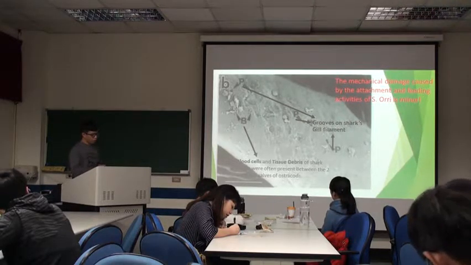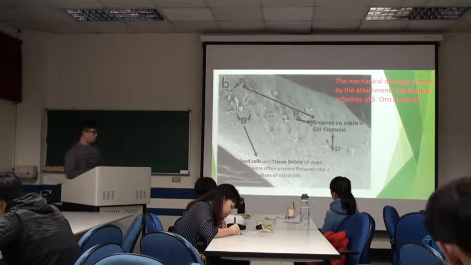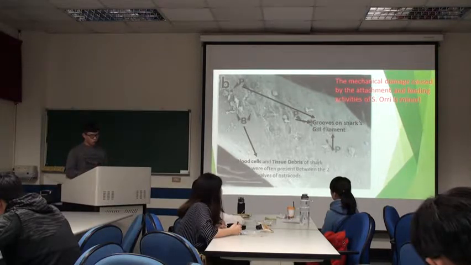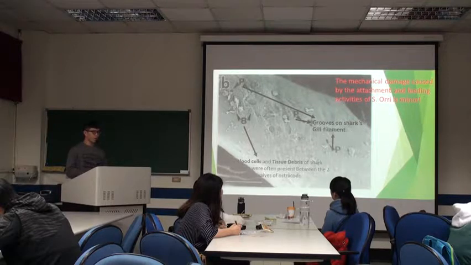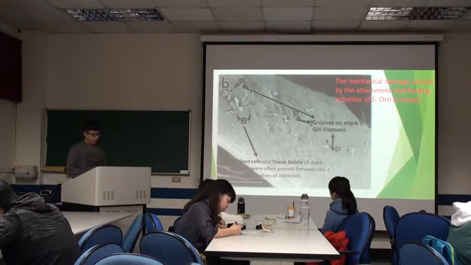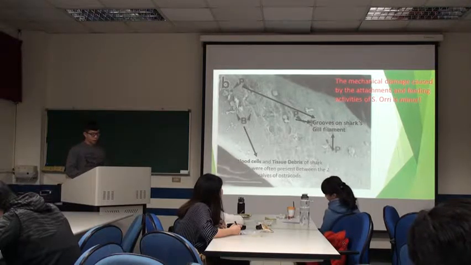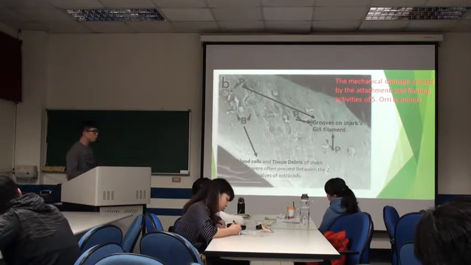And letter B means blood cells and tissue debris. Blood cells and tissue debris of shark origin were often present between the two carapace valves of ostracods. Carapace valve means the left valve plus the right valve. The ostracods grab the gill filament and cause these grooves, but the mechanical damage caused by the attachment and feeding activities of Sheina orri is minor.